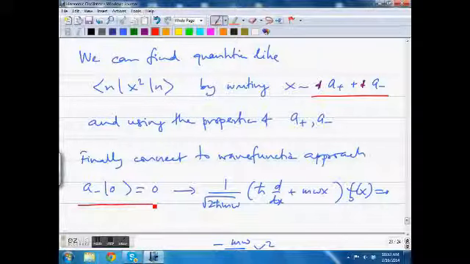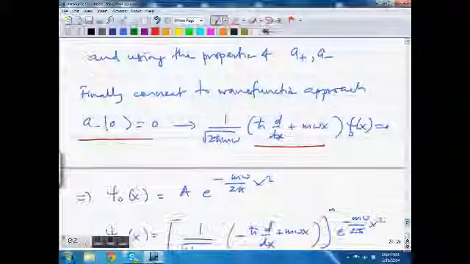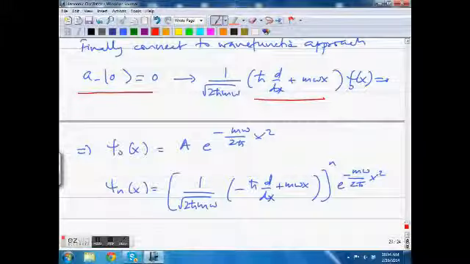And so if I translate a minus into the linear combination of position and momentum operators written in the wave function approach, I get a differential equation which says that h bar times d by dx plus m omega x acting on the wave function psi 0, the ground state wave function, has to give me 0. This is a first order differential equation which is easily solved, and lo and behold, the solution is the ground state that we found earlier. It's the Gaussian.